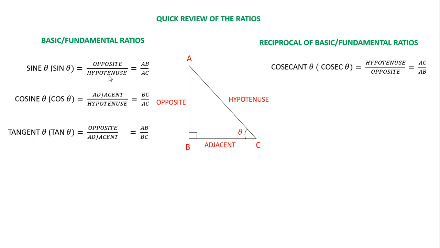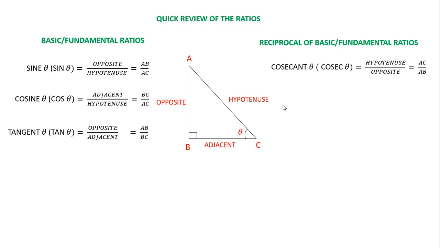It is hypotenuse upon opposite. This is opposite upon hypotenuse. The reciprocal is hypotenuse upon opposite. That is AC upon AB. You compare it with this. AB upon AC, it is AC upon AB. So it is just the reciprocal, okay? So you can say cosecant is the reciprocal of sine.